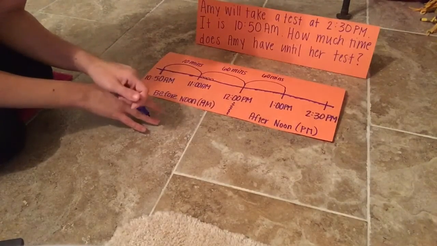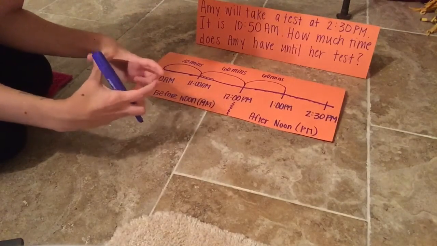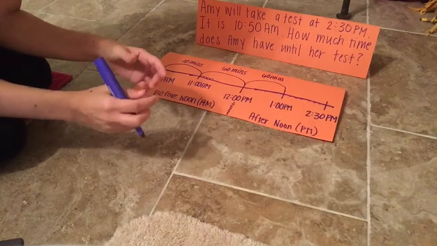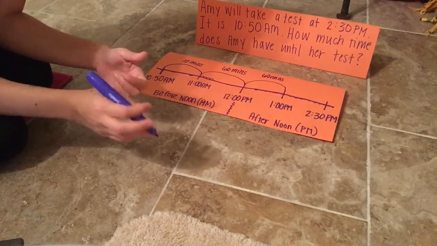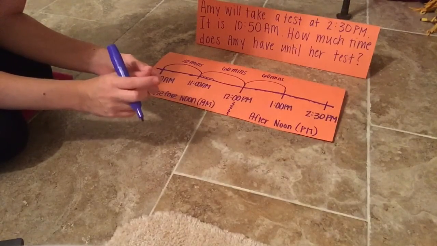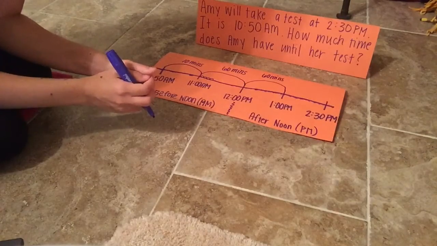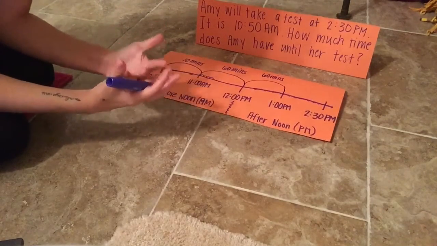If you have students that do that, the best thing to do is to provide them with a little clock as a manipulative, and use that to help them know that time never goes past 12. That would be a really good idea to help them get over that misconception.